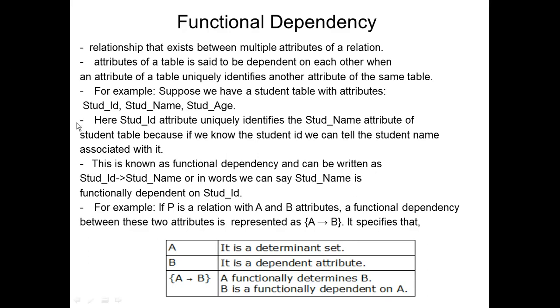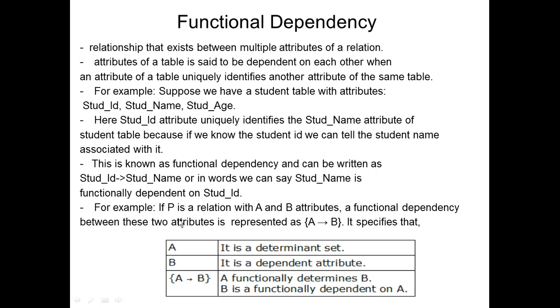Here stud id attribute uniquely identifies stud name, because if we know the student id, then we can tell the student name. So this is the functional dependency and can be written as stud id arrow stud name, or in other words stud name is dependent on stud id.